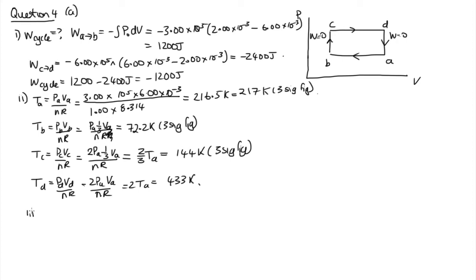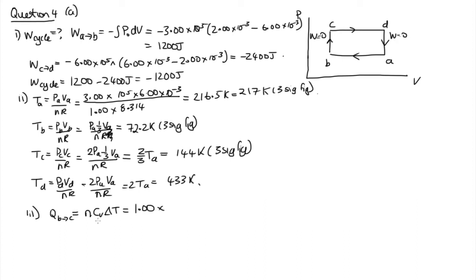Okay, part 3 then asks us to find the heat transferred to the gas for processes B to C and C to D. Okay, so Q from B to C. Looking at going from B to C, this is a constant volume process, so we're going to have nCV delta T, and so that'll be 1.00.